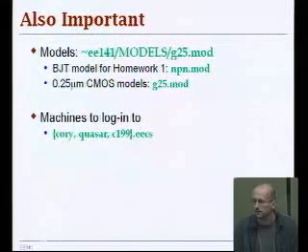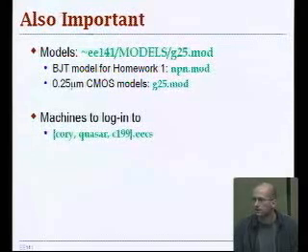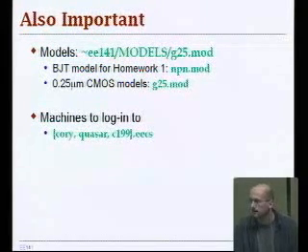And the answer is yes. This G25.mod is basically a level 49 model with a large number of parameters that model various transistor effects. And in your homework, you will be simply using that NMOS model that will be defined on that line.